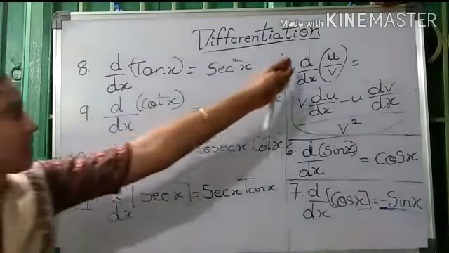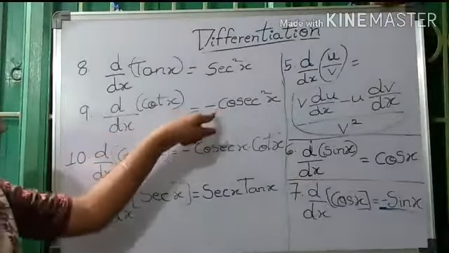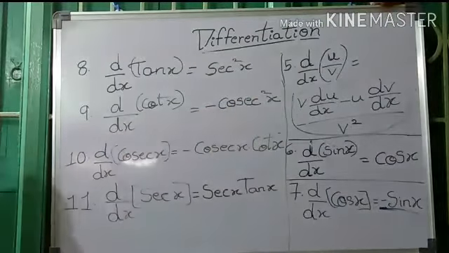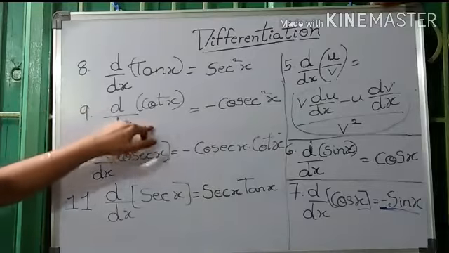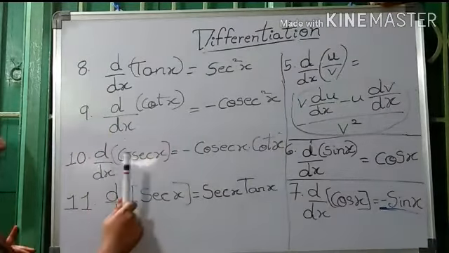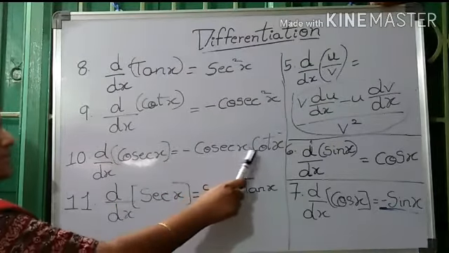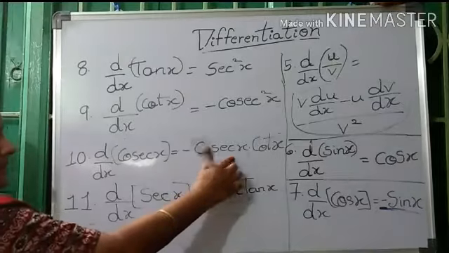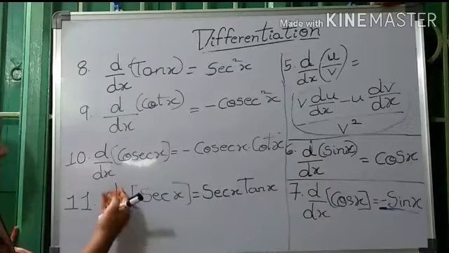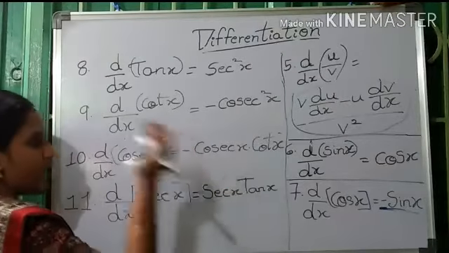We can use the d by dx of u by v formula to derive this. Similarly, d by dx of cosecant x is equal to minus cosecant x into cot x. d by dx of secant x is equal to secant x into tan x.